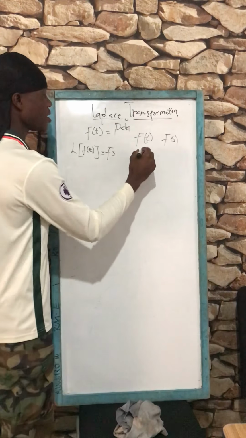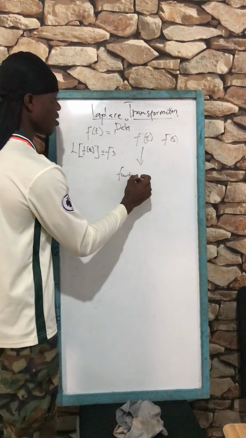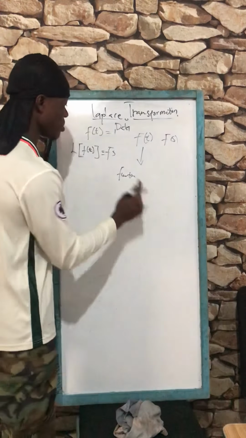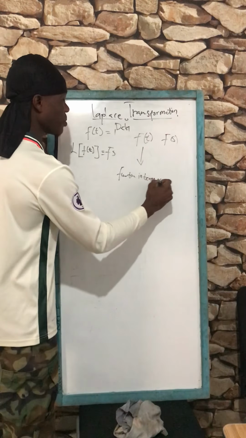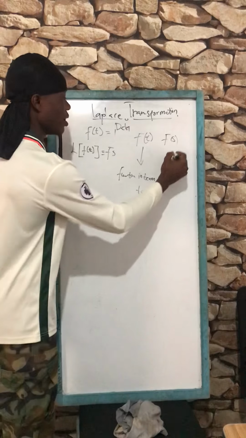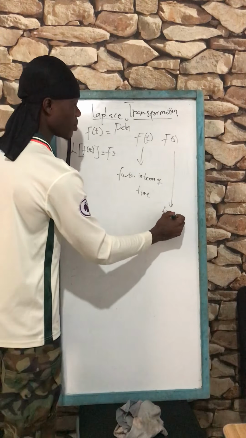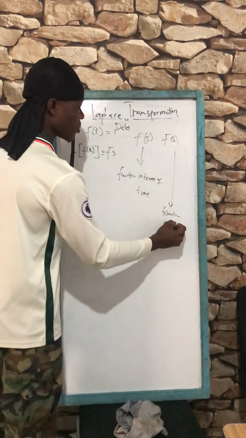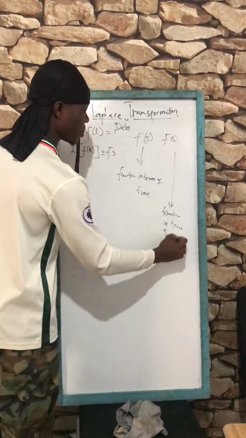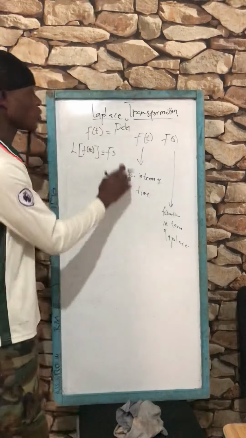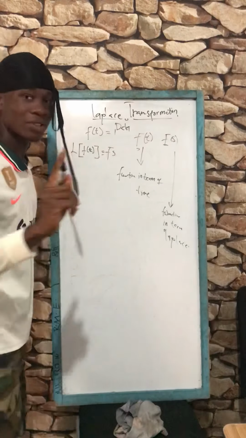So f of t is a function in terms of time, and F of s is a function in terms of Laplace. So this is a capital F, this is a small f. So take note, that's something you have to note.